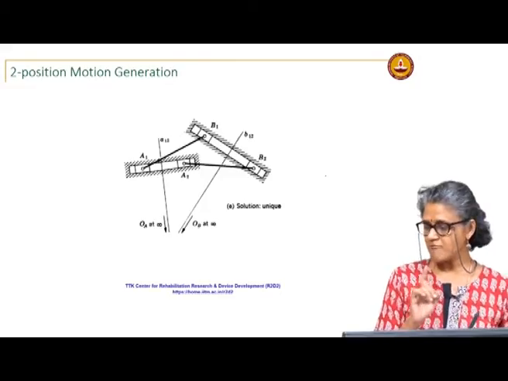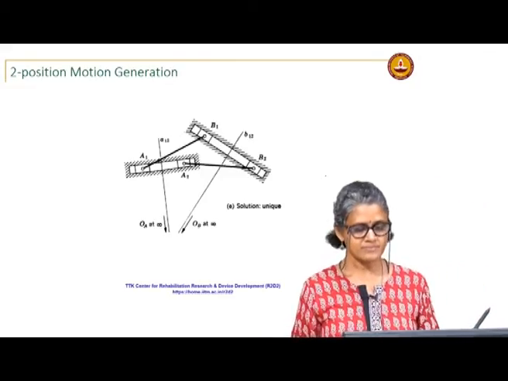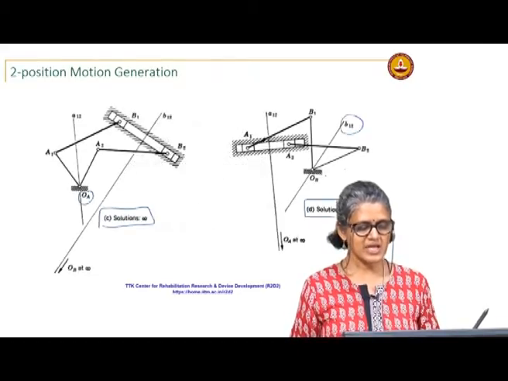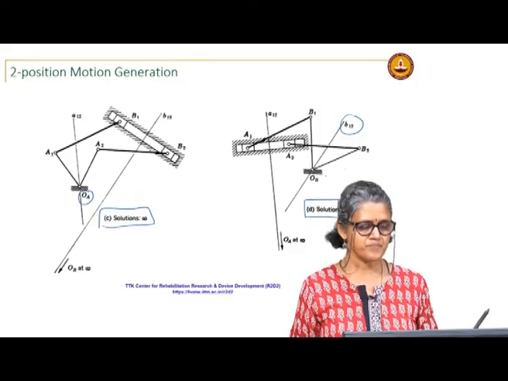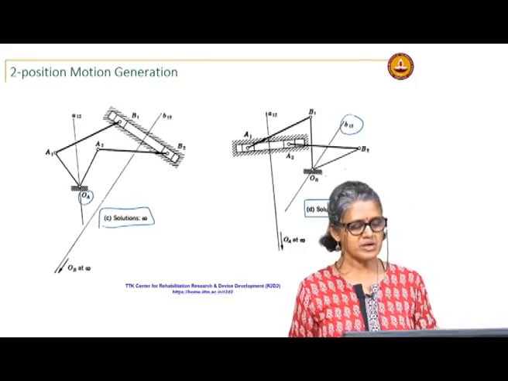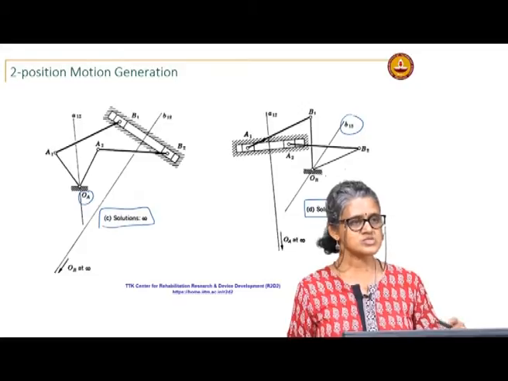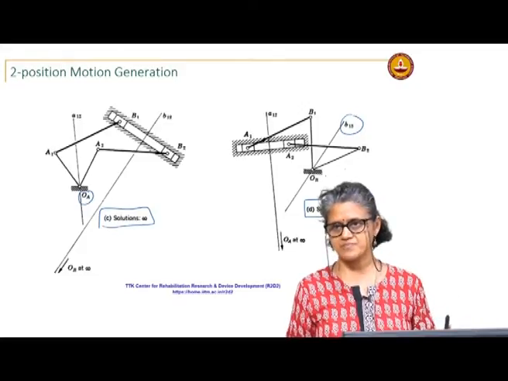One thing that we have not looked at here, okay, is that with any of these mechanisms, it will achieve A1 B1 to A2 B2, but we do not really know what is happening in between, and we do not know that these two are limiting positions.